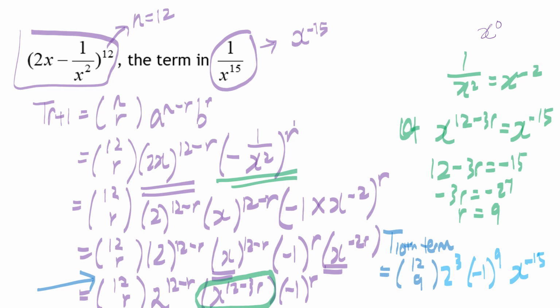If we use a calculator, 12 shift nCr 9 times 8 times bracket negative 1 close bracket to the power of 9, you get negative 1760 x to the power of negative 15. Therefore the term in x to the power of negative 15 is negative 1760.